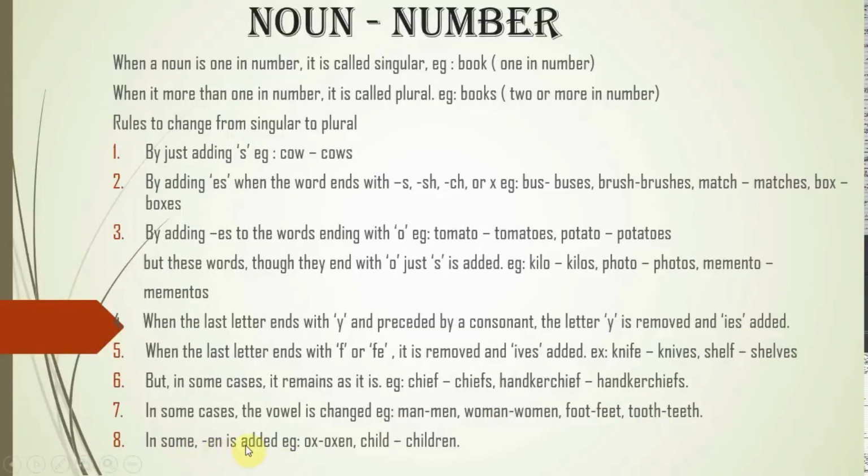In some, EN is added. For example, ox, oxen, child, children. So just when you add EN to that particular word, it becomes plural. Have you seen some of the children use it as children's?